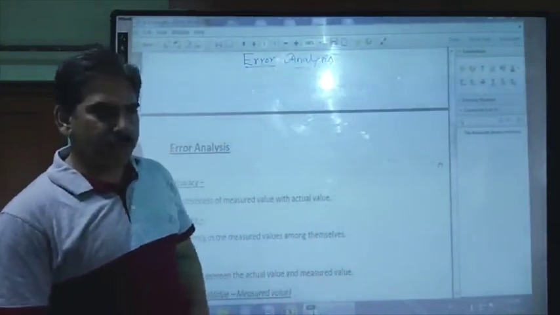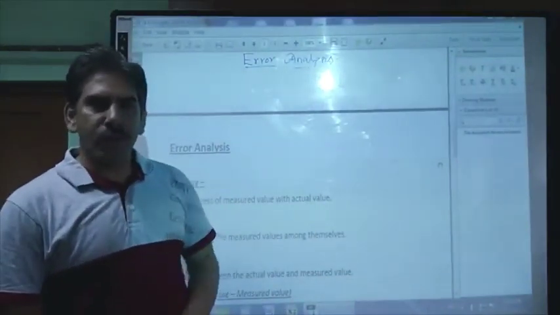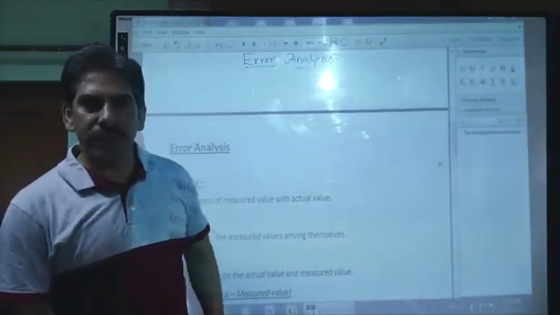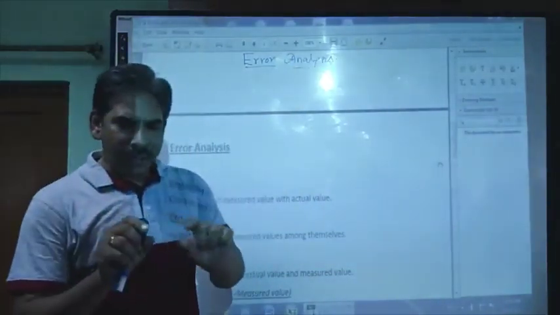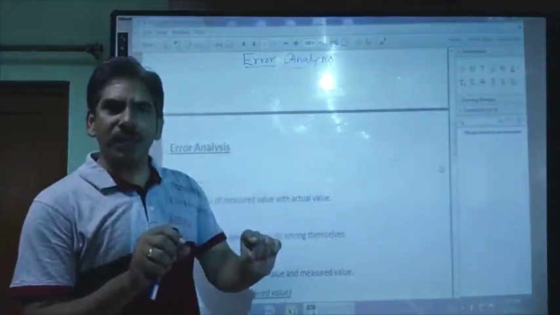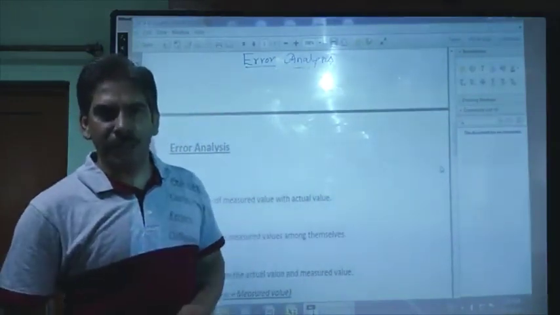Suppose that in any experiment we make a number of observations for a given physical quantity. When we get more or less similar results, we call it a more precise measurement, right?